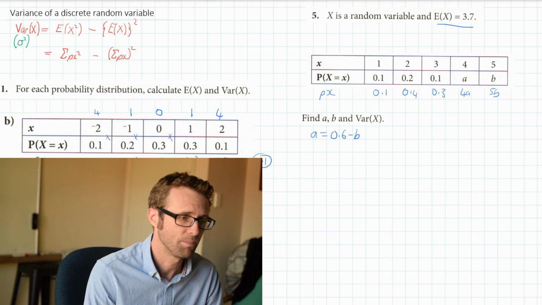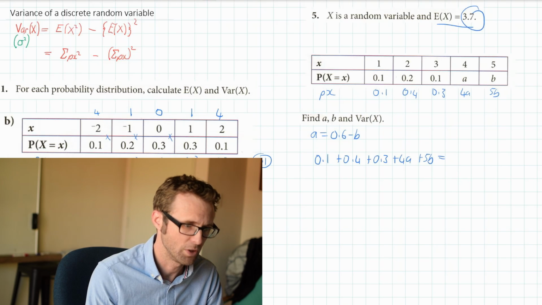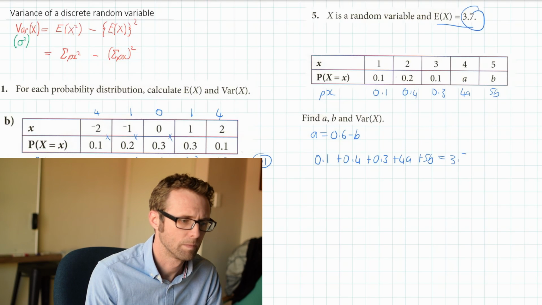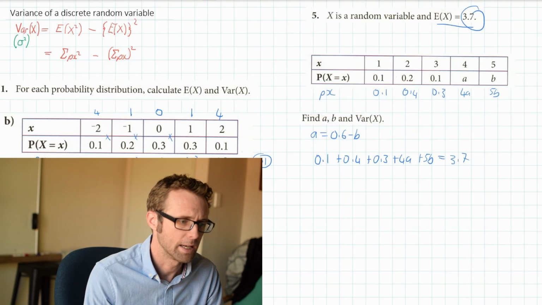My next equation is therefore going to be 0.1 plus 0.4 plus 0.3 plus 4a plus 5b is equal to 3.7. Now, I can add all of these up, 0.4, 0.5, 0.8.